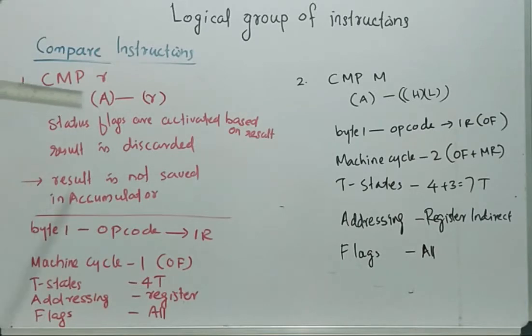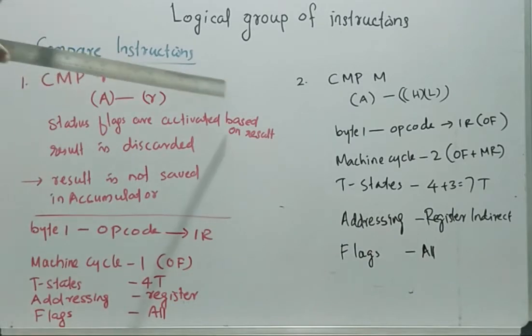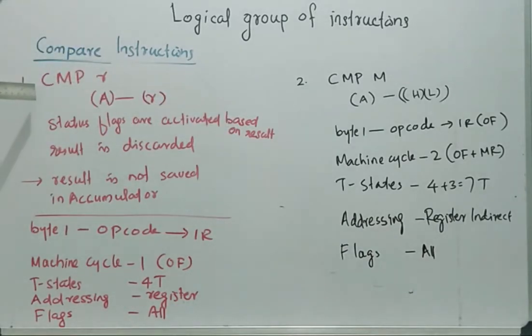All status flags are set or reset based on the results. When we convert this instruction into machine code, the machine code size is 1 byte long. That is, to save the machine code of this instruction, it requires only one external memory location. Therefore, this instruction is a 1 byte instruction.